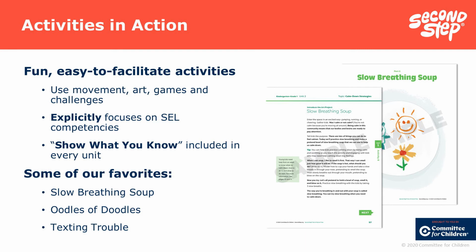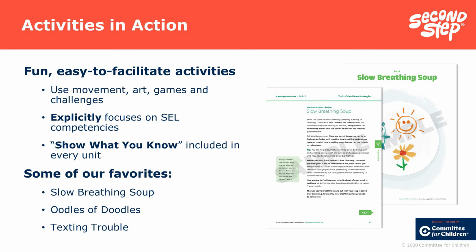To give you an idea of what the activities actually look like, we thought we would take this opportunity to spotlight a few, one from each of those grade bands I talked about. The first is from K-1. It's called Slow Breathing Soup, and it's from Unit 2, Understanding Emotions.